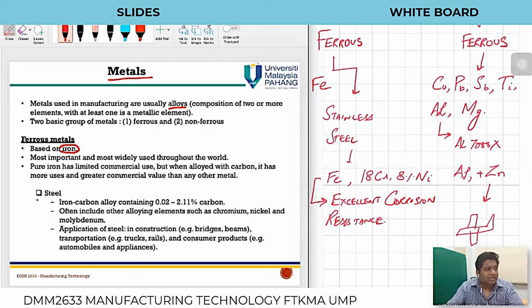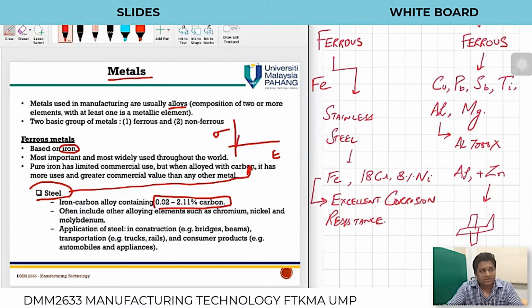So steel is basically an iron carbon alloy containing 0.2 to 2.11% carbon. If the carbon is very less, then the strength of the steel is very high. This is my graph. This is, let's say, tensile strength. This is strain.